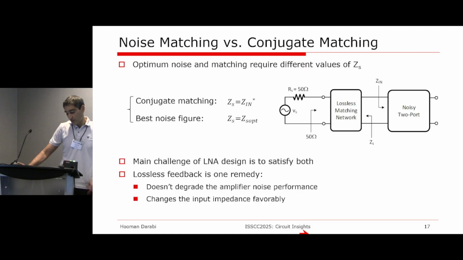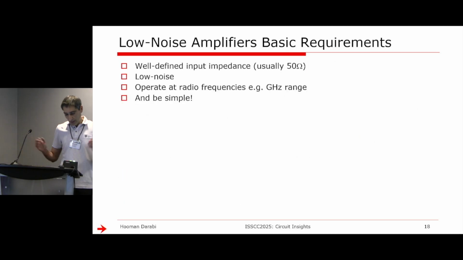One idea, one remedy for this would be to employ feedback. The feedback must be lossless because we don't want to deteriorate the noise property of the amplifier beyond what it already is. Well, we know from feedback theory that the input-output impedances can be changed according to the type of feedback you employ. This is the topic that I'm going to focus on in the remaining 10-15 minutes of my presentation.